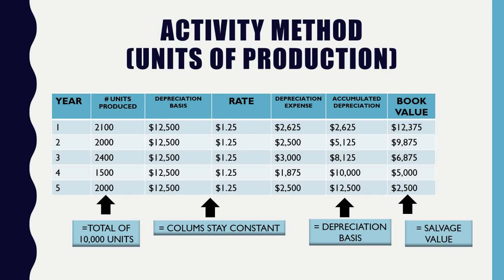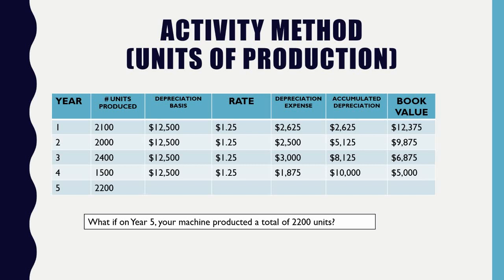So let's take another example. What if on my last year, I end up producing a little extra here? I end up producing 12,200 units, okay? Okay, let's go ahead and just go through the motions and see where we're at. So in this case, my depreciation basis is going to still be 12,500.